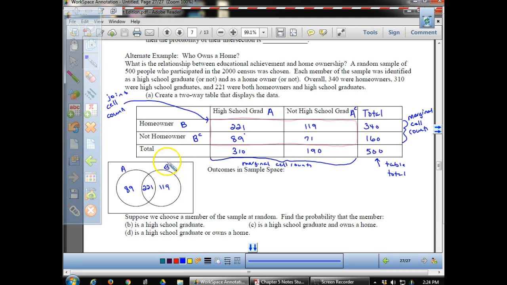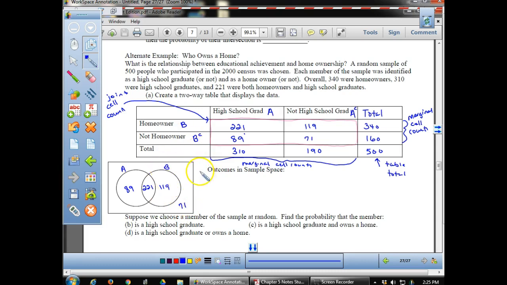So these are the homeowners who are not high school grads. So it's these guys right here. And then the 71 right here I have to put outside in the universal set. So it's those of the 500 that are not high school grads and are not homeowners.